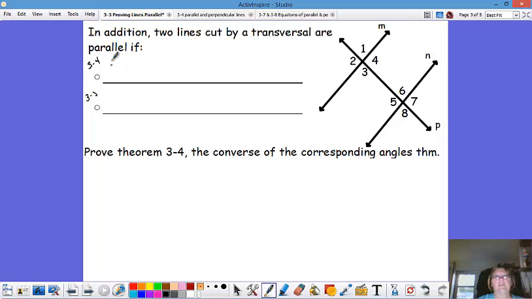Theorem 3.4 says two lines cut by a transversal will be parallel if all pairs of corresponding angles are congruent.